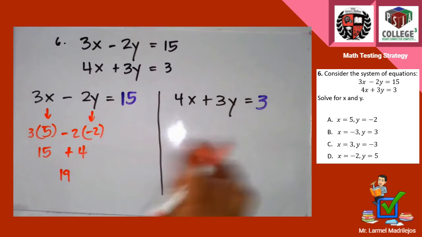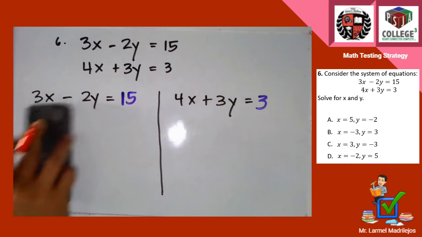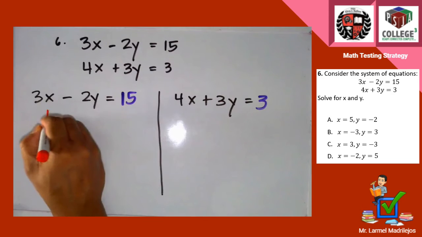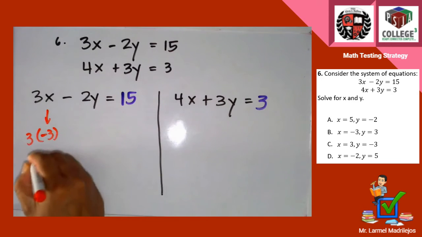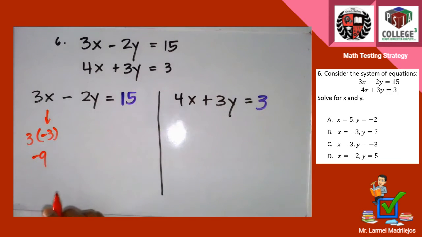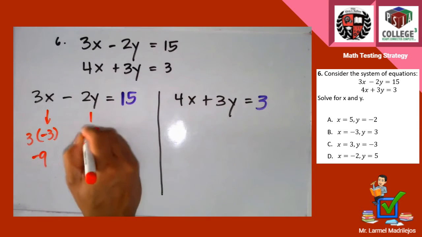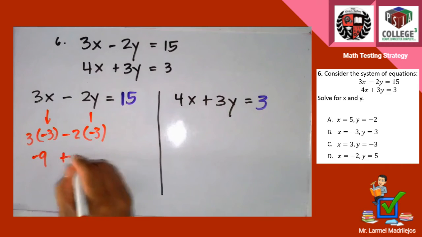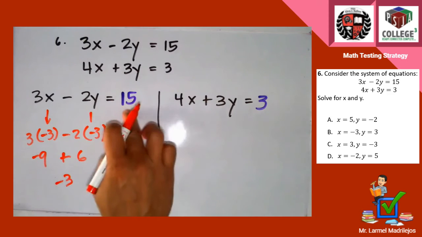So I don't need to check it on the right side because it doesn't work. Choice B, when x is negative 3 times 3 is negative 9. And y is negative 3 times negative 2 is plus 6. Negative 9 plus 6 is negative 3. It doesn't match this number here.